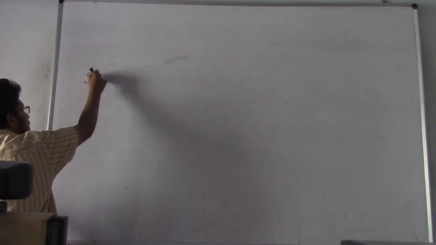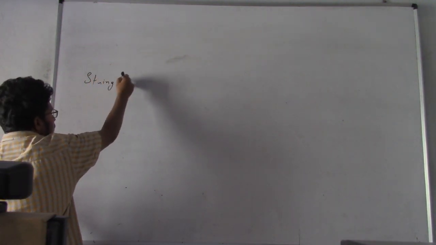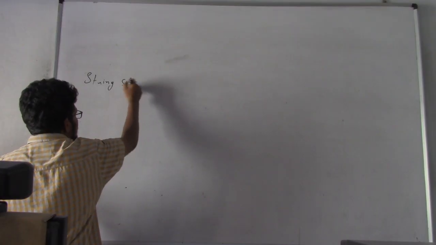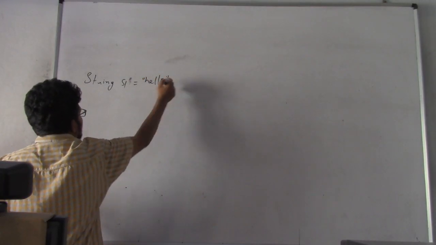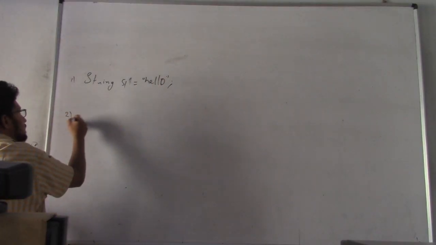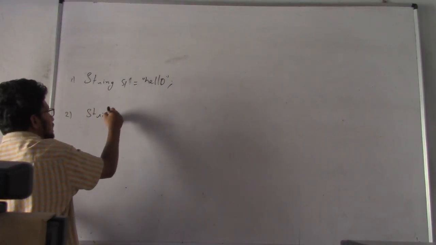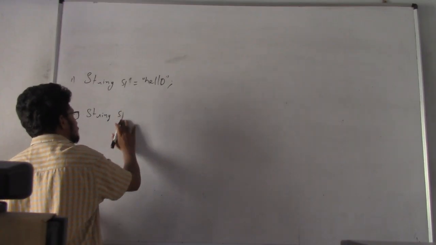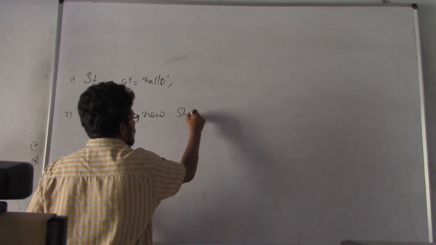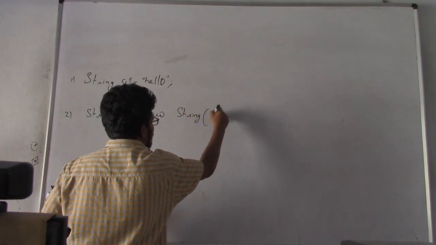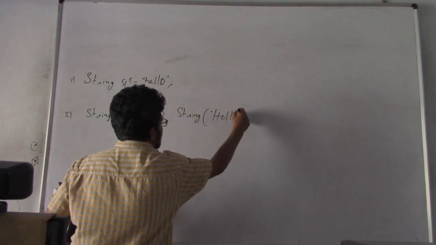How to create a string? Say I am writing String s1 equal to "hello". This is one possibility. I can write a different example: String s1 equals new String("hello"). Get it?